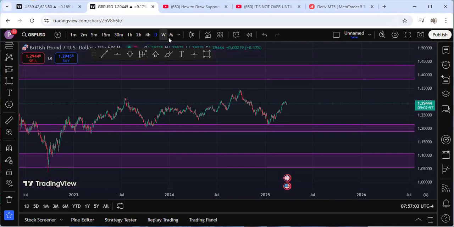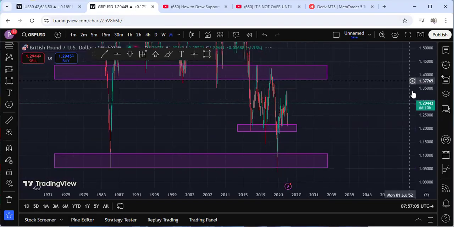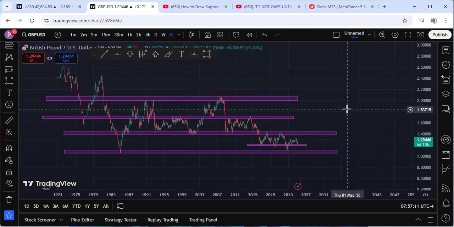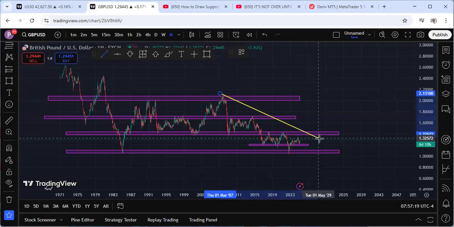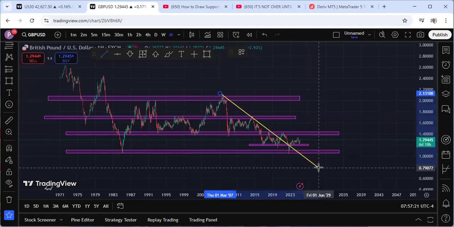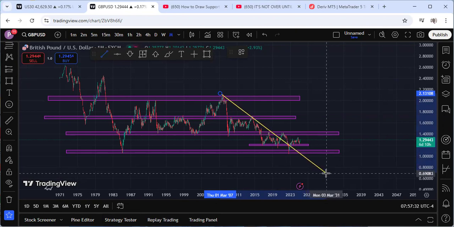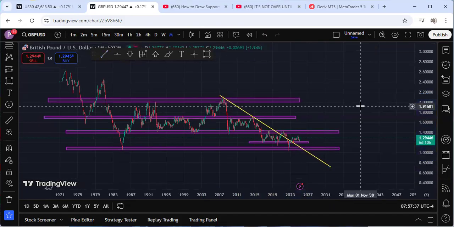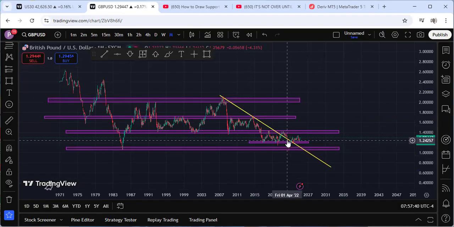Now I have seen with monthly, let's go back to monthly again. With monthly, we can see our levels well mapped out. According to the monthly time frame, this market was in a downtrend, but it appears the downtrend has been violated because of this breakout and retest.